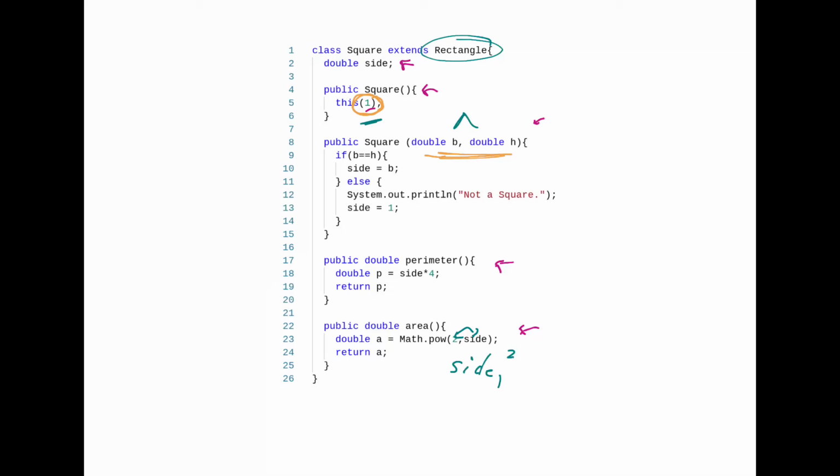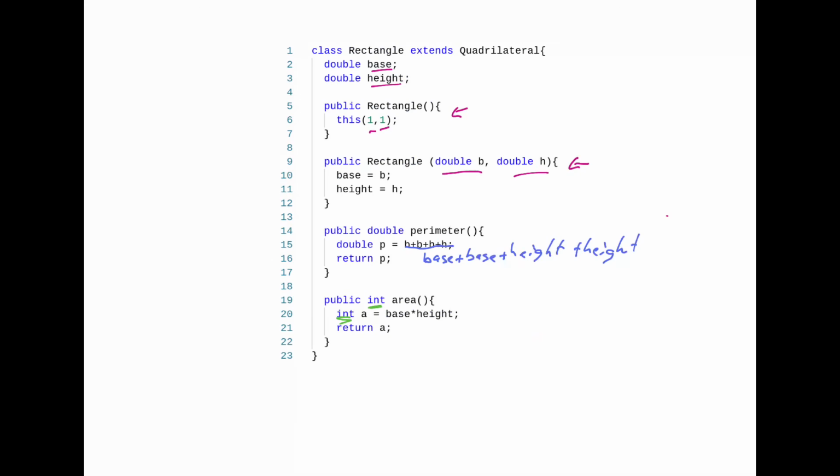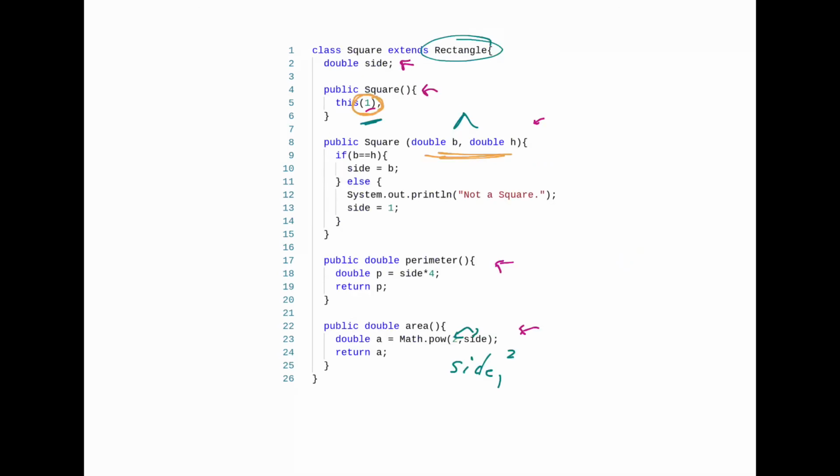Therefore, we cannot have fewer parameters, we have to have more. So that's why we're going to have a b and an h here, so that we can still have the 2 sides and everything will work. It will also allow all of these methods to work, because now we have a side, and a base and a height that are just equal to the side.